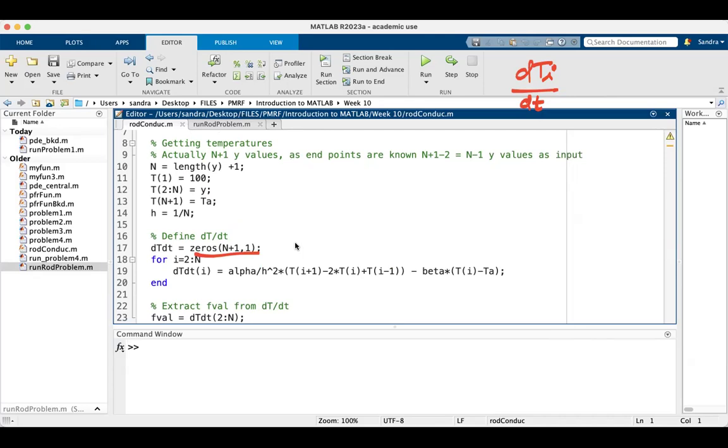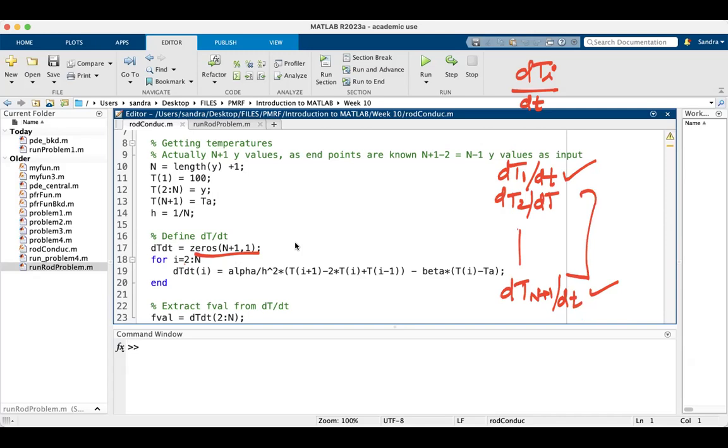So here n+1 means it will have dT1 to dT(n+1) divided by dt. I'm not bothered about these ends. So I'm only changing 2 to n. Basically, only this function I'm bothered about.